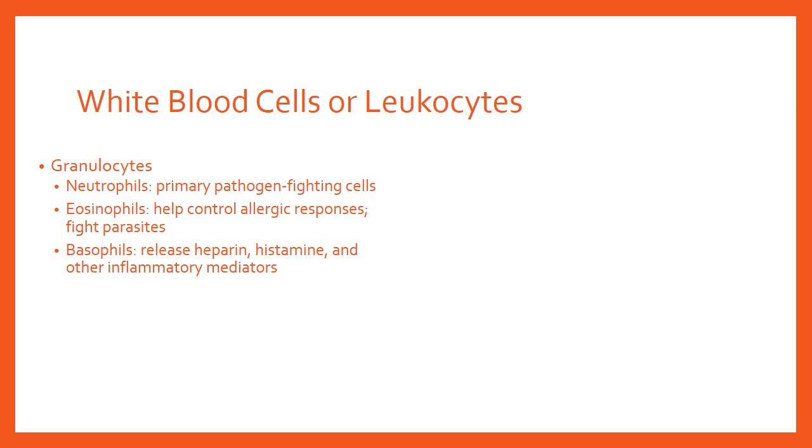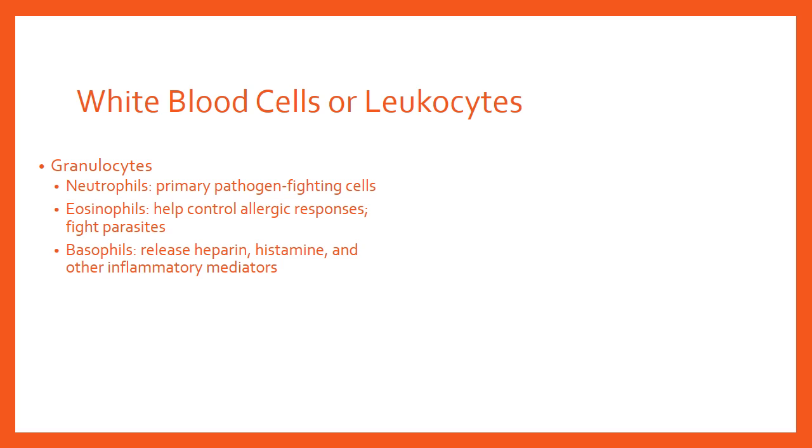And basophils, we talked about it in the past, can be transformed into mast cells when they migrate inside of the tissues. But all three types of cells have a common feature, which is the presence of granules.